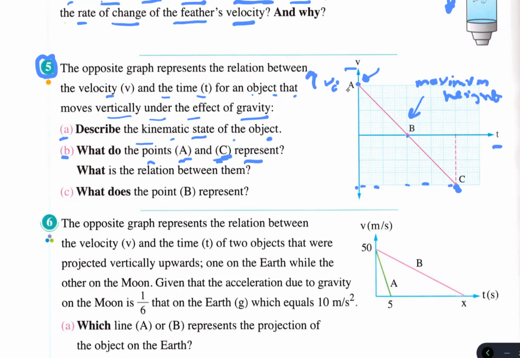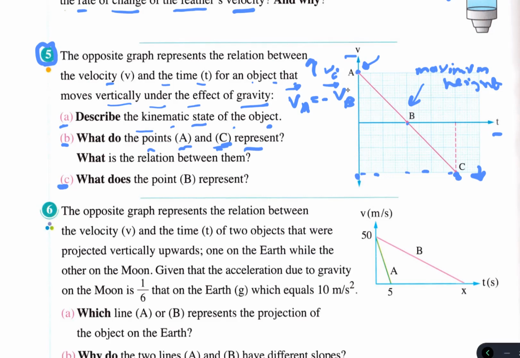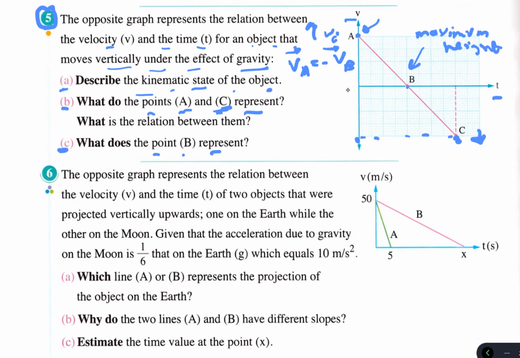This is velocity upward, this is velocity downward. Imagine the velocity here is 5 meters per second, here also 5 meters per second or -5 in the opposite direction. So VA equals negative VC. Those are two vector quantities; negative means opposite direction. About letter C, what does the point B represent? Point B is reaching the maximum height, so the object changes direction.